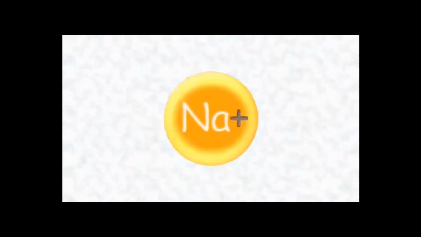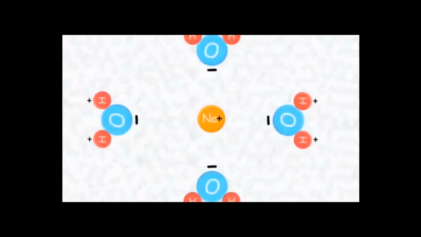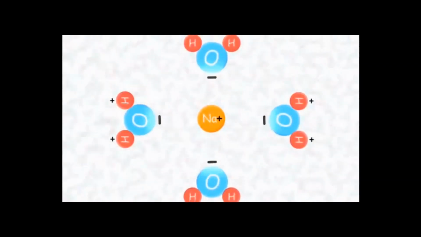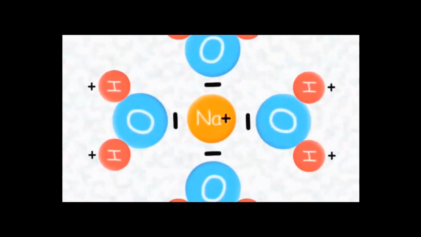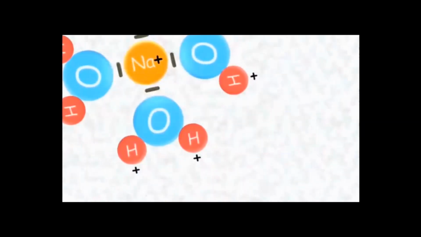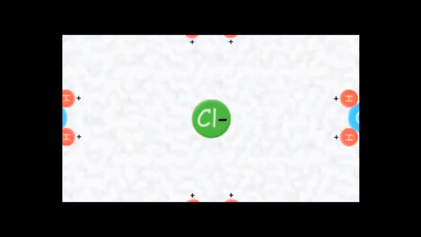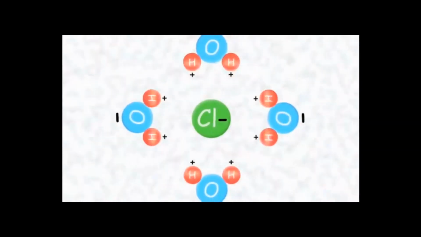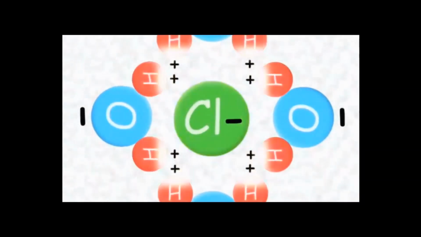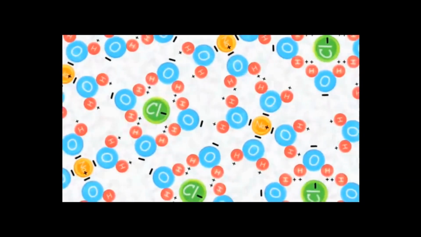Because sodium ions have a positive charge, each one is swarmed by H2O molecules flying at it with their negatively charged oxygen sides, completely surrounding the sodium ion, isolating it, carrying it off in a turbulent sea of H2O molecules. The same thing happens in reverse to the chloride ions, which have a negative charge. Each of those is surrounded and isolated by H2O molecules leading with their positively charged hydrogen sides. Each salt crystal is broken into tiny pieces, dissolved by and into the water.